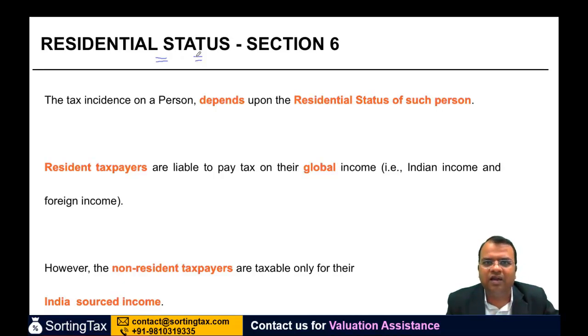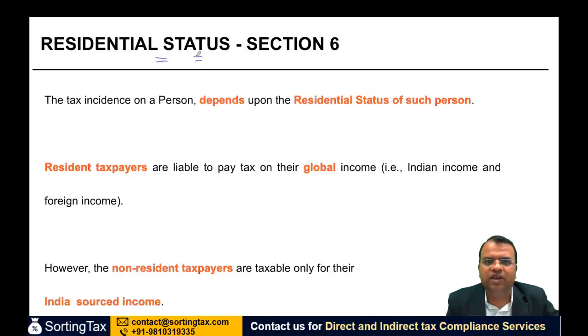But if you are a non-resident, then in that case only and only the income which is sourced from India is liable to tax, subject to any exceptions that may be available to you.